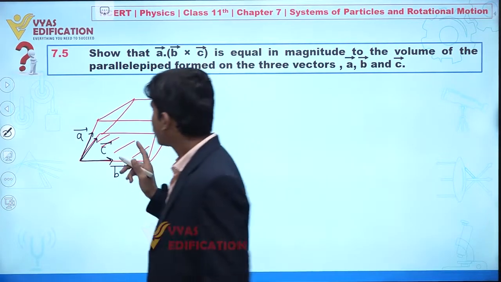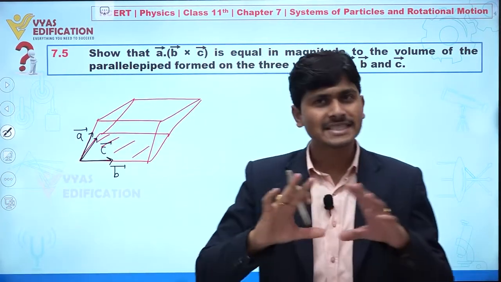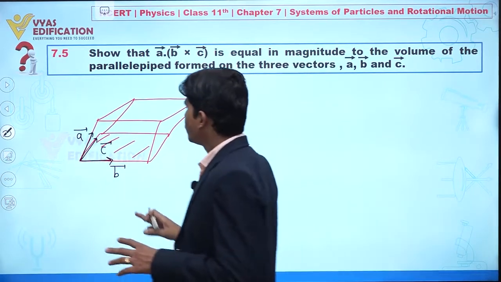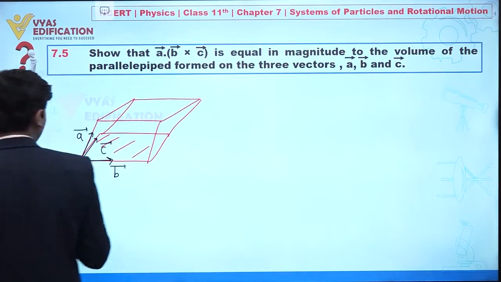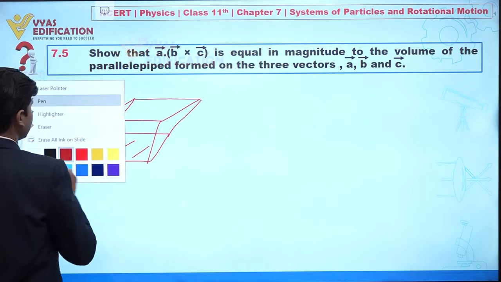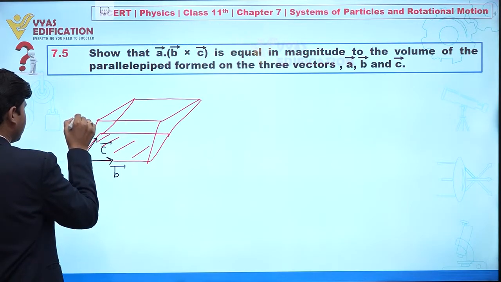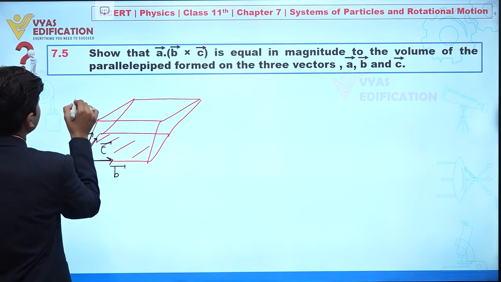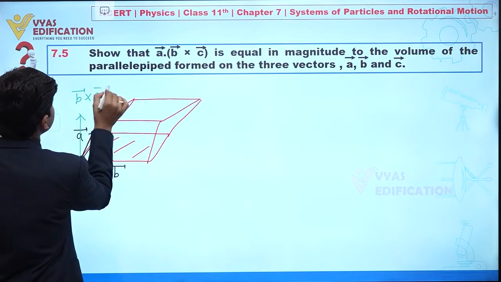You can see here B vector and C vector both are lying in the same plane. Clear? And now if I find the direction of B cross C, I can say the direction is given by this one.